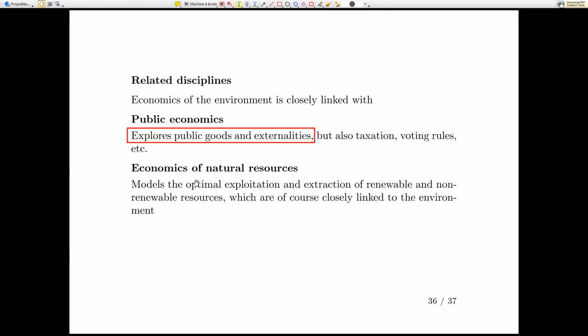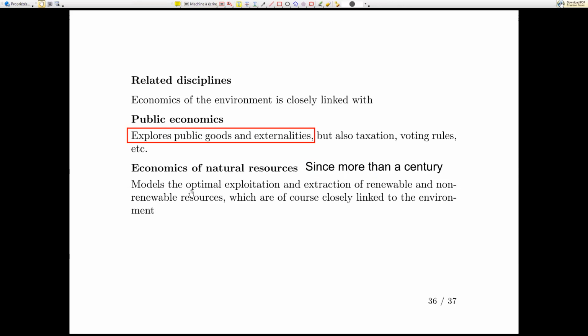And the economics of natural resources. So environmental economics is quite recent. It's really appeared mostly after the 1960s, but natural resources, since maybe more than a century, people have been worried about running out of resources.